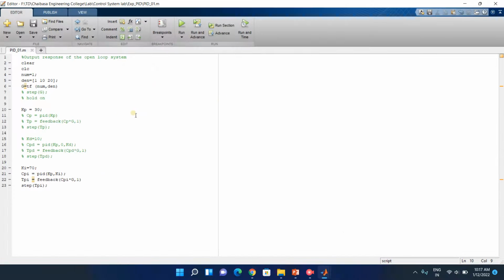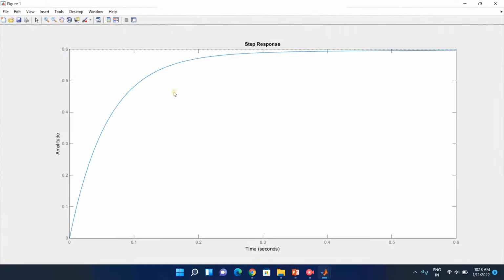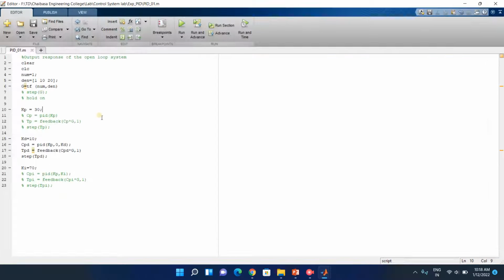Why was overshoot there? In case of the PD controller, let me compare them. Suppose I take 30 over here and I run this. You can see it is not reaching 1, it is reaching 0.6.